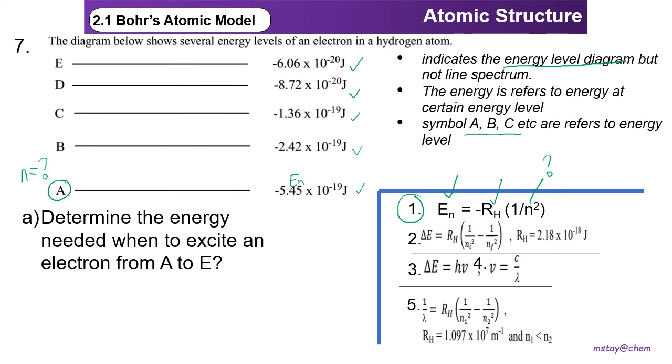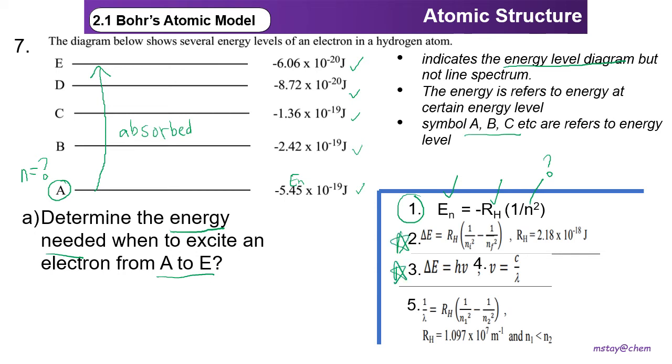Question A: determine the energy needed when an electron is excited from A to E. Excited means that the electron jumps from a lower energy level to a higher energy level, so in this case energy is absorbed. Because we want to find the energy needed, we are going to use the delta E formula.